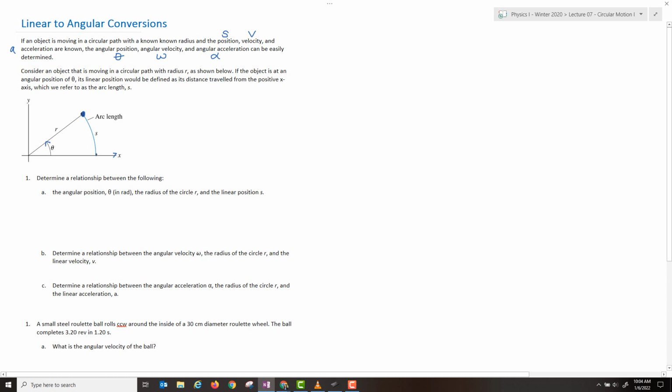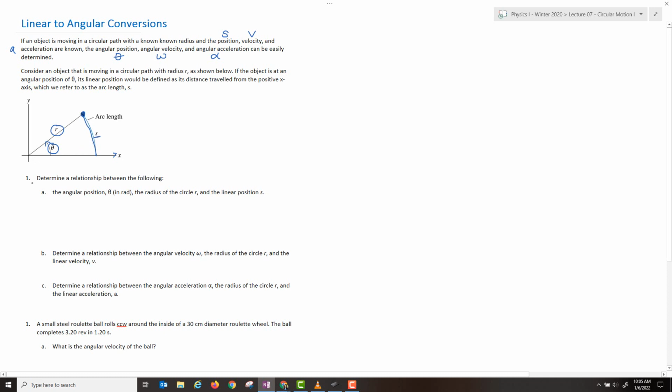That's the distance that the object traveled. So what distance does the object travel if it traveled an angle of theta in radians and is at a position r away from the origin? We can calculate what this s value is.